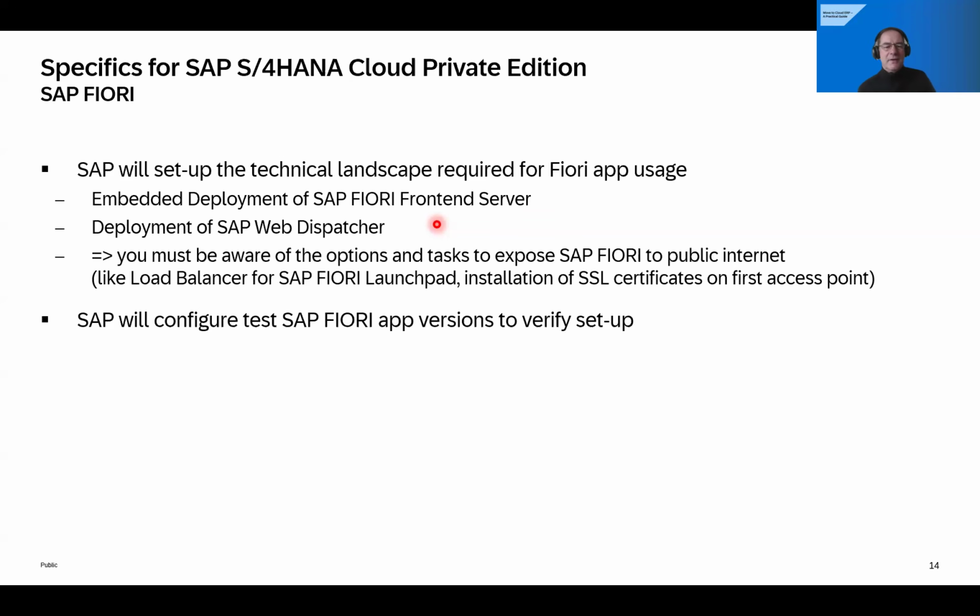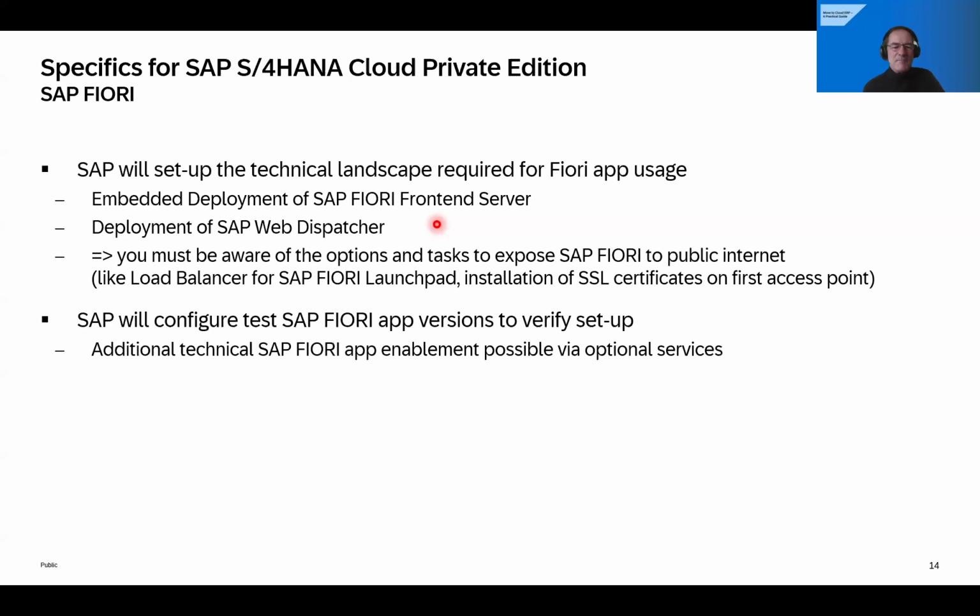SAP will configure some test Fiori app versions to verify the setup, and additional Fiori app enablement is possible with optional services, those services that are listed in this document. It's a PDF document, but it contains an Excel list with those services.